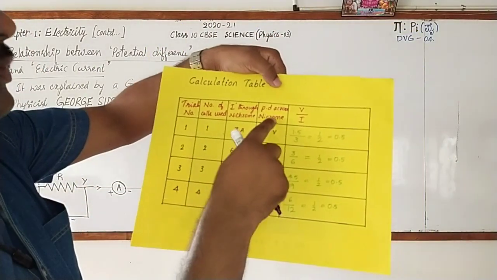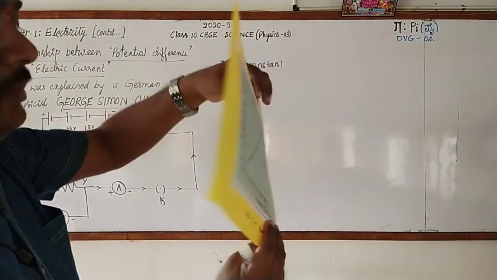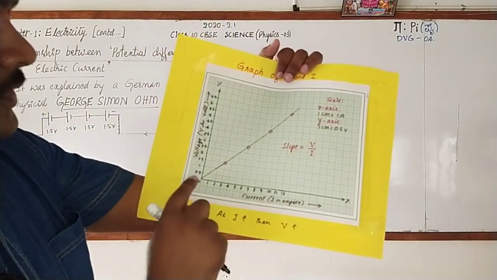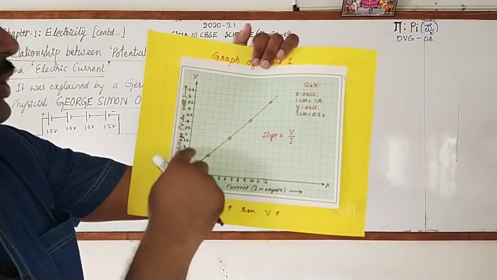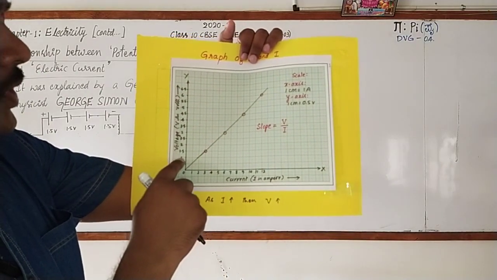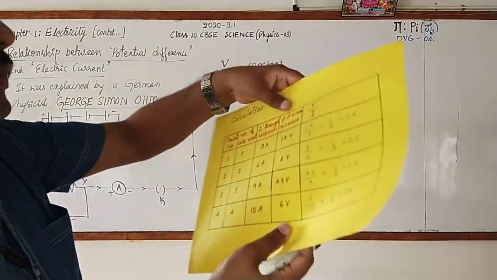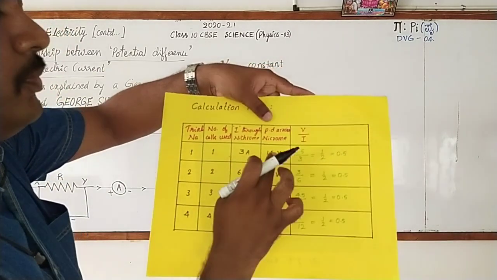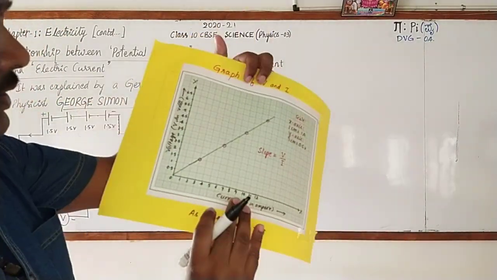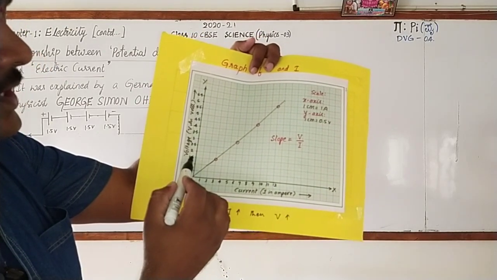Then the potential difference is 1.5, 3, 4.5, in decimal form. Hence, I have taken 1 centimeter as 0.5 volt on the y-axis: 0.5, 1, 1.5, 2, 2.5, like this. When current is 3 amp, the voltmeter potential difference is 1.5. That has been marked here. Current is 3, voltage is 1.5.